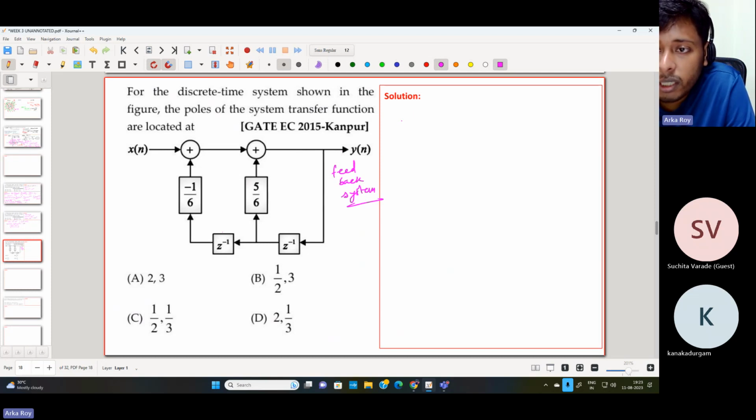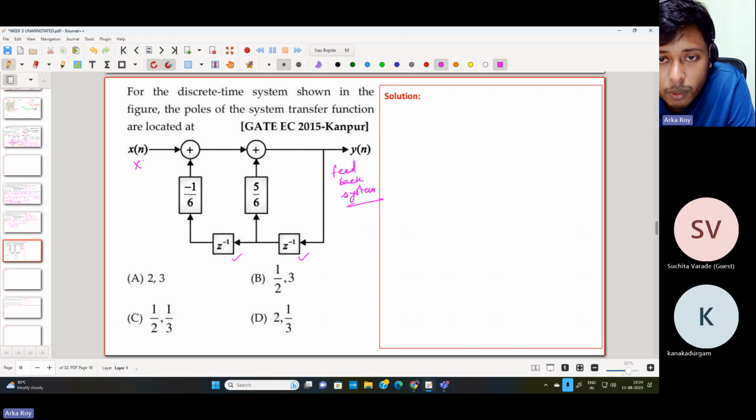So we need to deal with some difference equation, because we have already seen that this is a rational system configuration. For the rational system configuration, we have to have some kind of difference equation. So let me convert this whole thing into Z transform format, because the delays are given in terms of Z transform only.